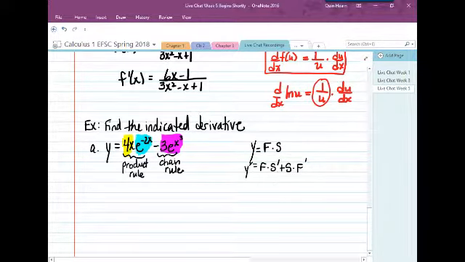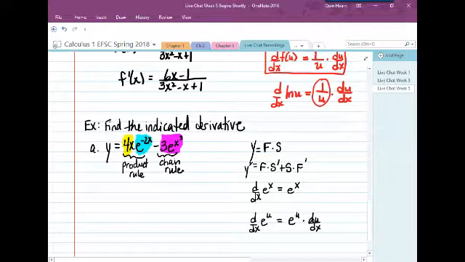We also need to remember that the derivative with respect to x of e to the x is going to be just e to the x. But the derivative with respect to x of e to anything other than x is going to be e to that power times the derivative of whatever it was to compensate for the fact that it wasn't an x.